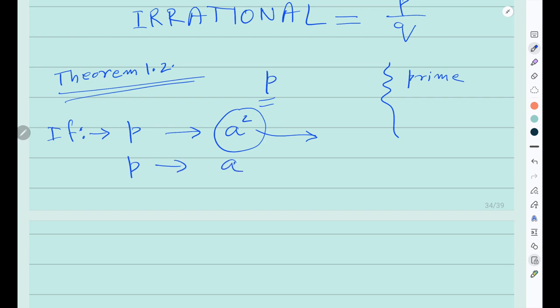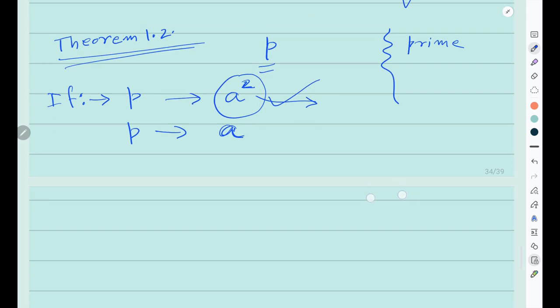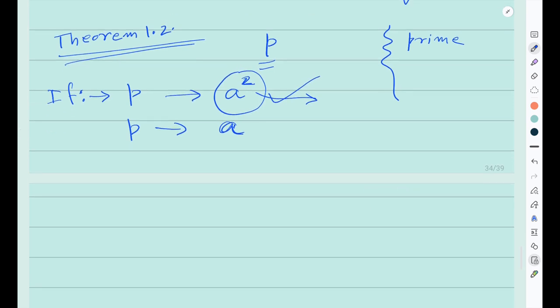That's very important. It could not be that P divides a square and P does not divide a. It is not possible. So that is one basic thing. Let us try to see some examples of that.